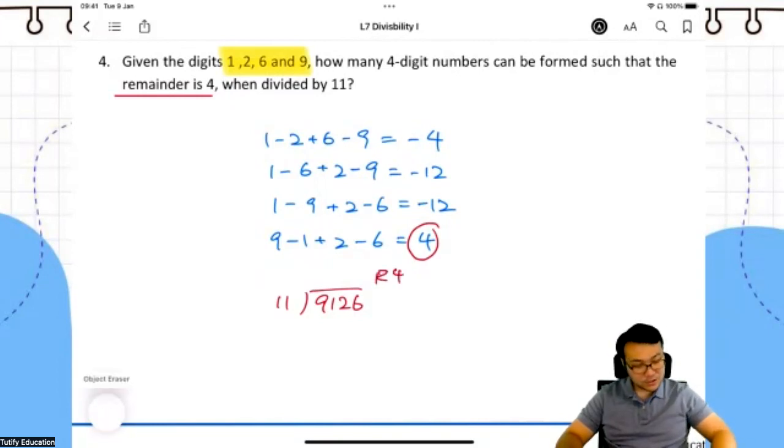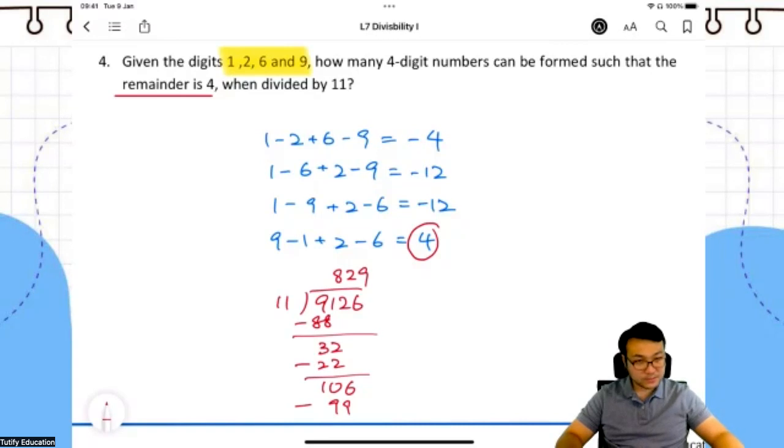Come, let's try. 11 times 8 equals 88. 11 times 2 equals 22. 11 times 9 equals 99. What is 106 minus 99? 7. What's the remainder? 7. Oh, whoops. It's not 4.